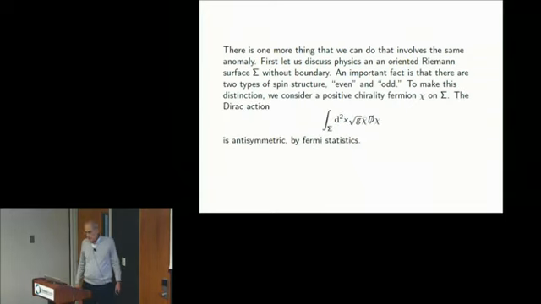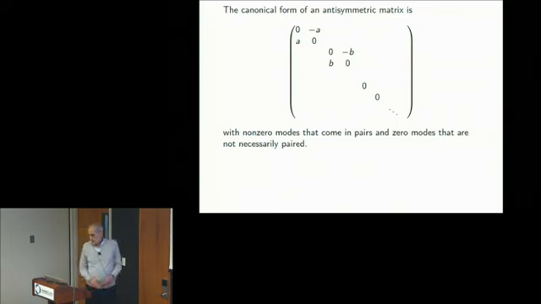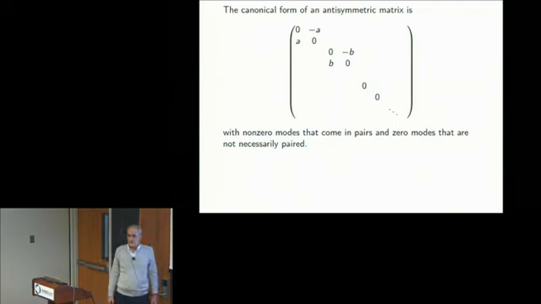And now it's possible to write a Dirac action for this field. It's anti-symmetric by Fermi statistics. The canonical form of an anti-symmetric matrix looks like this, with a lot of 2 by 2 blocks. And of course, a 2 by 2 block means a pair of skew eigenvalues, A and minus A. But then there can be 0 modes that are not necessarily paired.